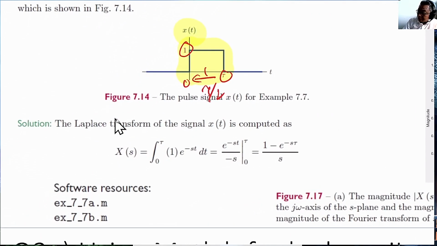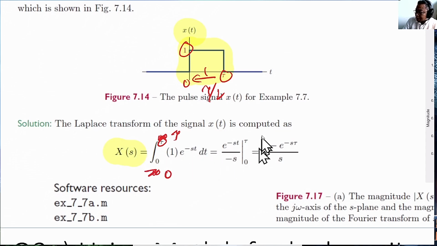We can go and take the Laplace transform of this pulse, and the interesting thing is, although we are going from minus infinity to infinity for bilateral, or from 0 to infinity for the unilateral, in this particular case, since the signal only exists from 0 to tau, we only need to integrate between 0 and tau, and the value of the signal is only 1. So this is a very simple integration to do.